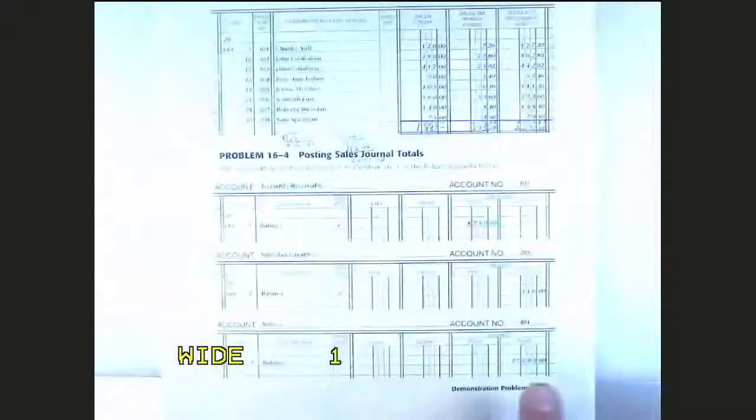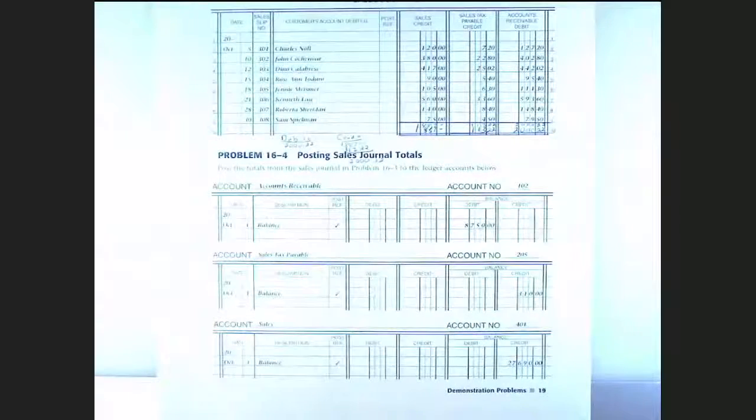I mentioned before that we're only going to post the totals. We already posted the individual accounts receivable amounts to the subsidiary ledger. Now we have to post the totals to the general ledger: the accounts receivable, sales tax payable, and sales accounts. We have the totals listed here, so we're just going to post those totals.